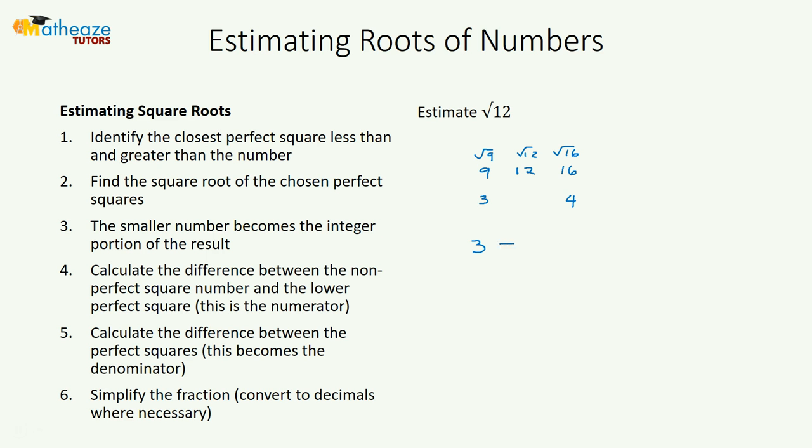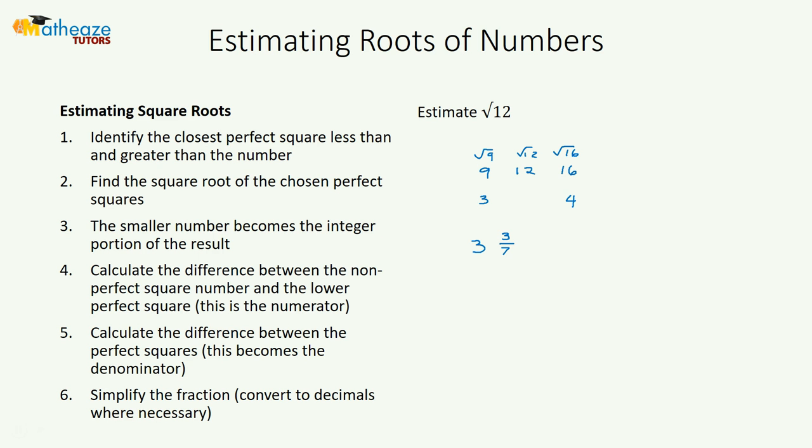So that's going to be our denominator. And the distance between our number, which is 12, and the lower perfect square, which is 9, is going to be the numerator. So this is going to be the estimate of what the square root of 12 should be.